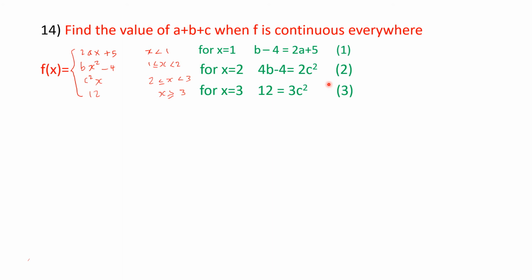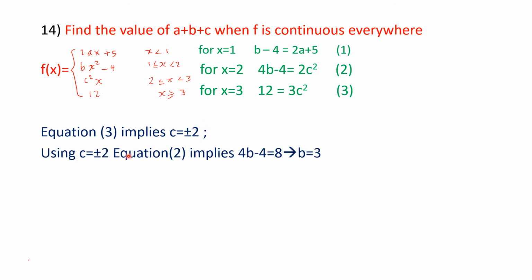Now, based on these equations, we could go ahead and answer. So equation 3 implies that c equal to plus or minus 2, because if we divide by 3, we'll get c squared equal to 4. And then we want c, so we have to do the square root of 4, which will give us plus or minus 2.